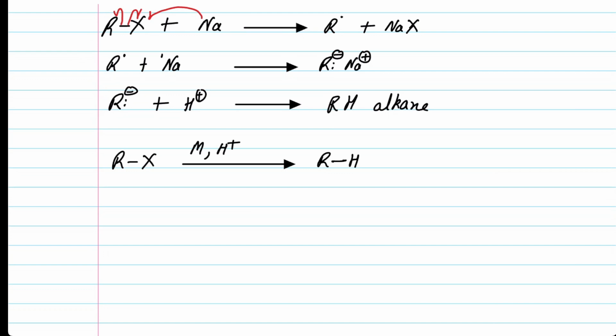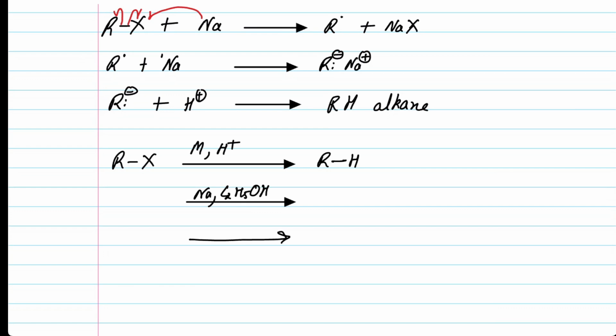The metal and the source of H plus are chosen according to each other. If we have a reactive metal, then we have a reluctant source of H plus, and as the reactivity of the metal decreases, the H plus activity increases. Like if we use sodium, it is used in the presence of C2H5OH. So we use sodium and alcohol as the reducing agent.